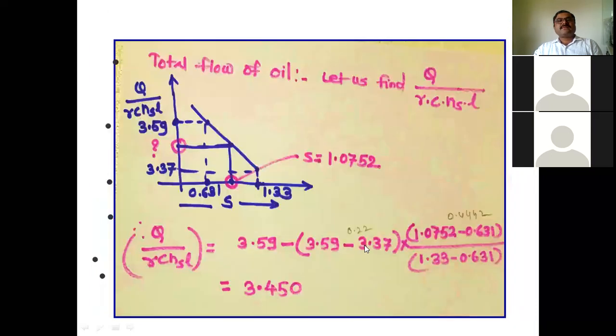Now here, for this flow variable, again on the y-axis, locate the points, that is 3.37 and 3.59, that is Q upon R C N L S, and again the S, 0.631 and 1.33, and you will find here, look at this, as the S increases, Q is going to decrease. Q is going to decrease. And because of that, instead of adding here, what is used here?